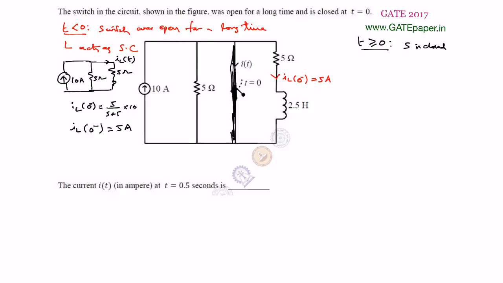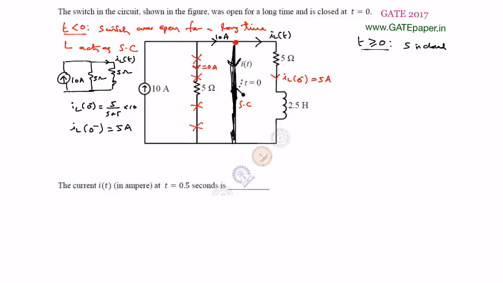The current coming from this one is I of t, the current going into this one is IL of t, and this current is 10 amperes. Remember, since it is a short circuit, the current through this 5 ohms is neglected, because this is a resistor whereas that is a short circuit. Current always flows into the short circuit, so no current flows into this 5 ohms. So the current flowing into this one is 0 amperes, and there is no need to consider this 5 ohms.